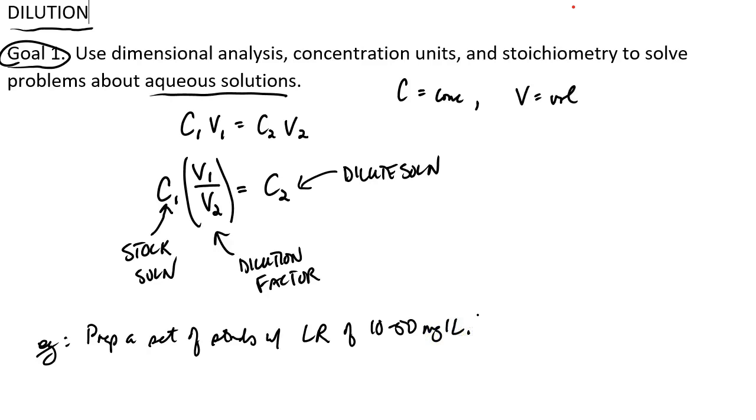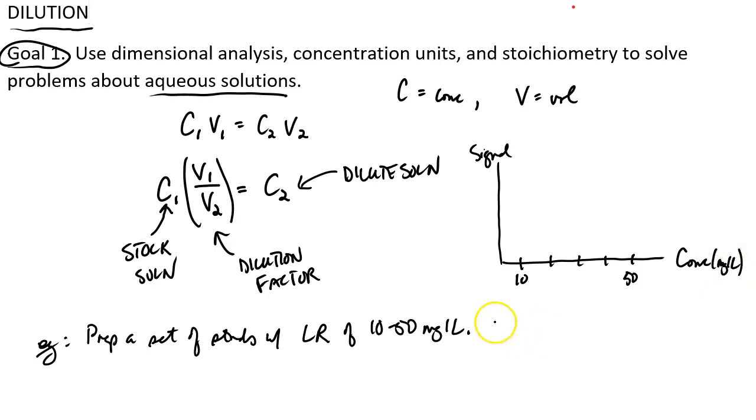So these standards would be used in a calibration curve. And a calibration curve has concentration on the x-axis and some signal on the y-axis. So we want our lowest standard to be 10, and I don't know how many we prepare, but we want our highest standard to be 50. Again, that was milligrams per liter.